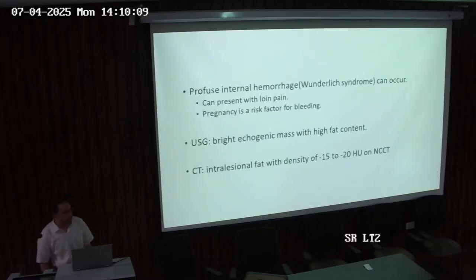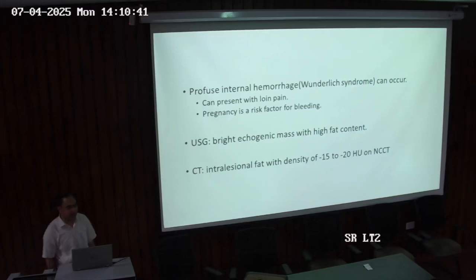Because angiomyolipoma has blood vessels, there is a chance of intratumoral bleeding. The kidney is a retroperitoneal organ, so there is a chance of bleeding into the retroperitoneum. This is known as Wunderlich syndrome. When there is a retroperitoneal bleed, the patient usually presents with sudden onset flank pain and hypotension, and sometimes severe shock.